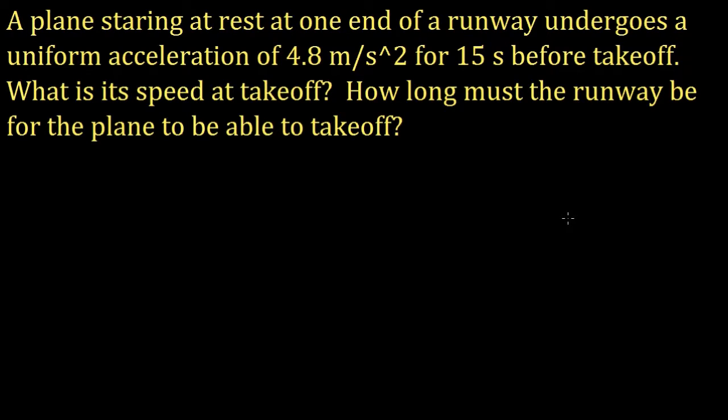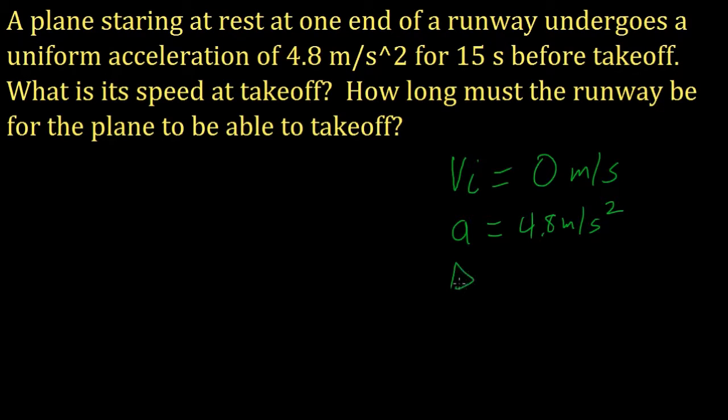Well, let's start by listing our knowns and our unknowns. It says a plane starting at rest. This is one of those things that students always screw up. Starting at rest means initial velocity is 0 meters per second. It undergoes uniform acceleration, and it gave us the acceleration, so the acceleration is 4.8 meters per second squared.